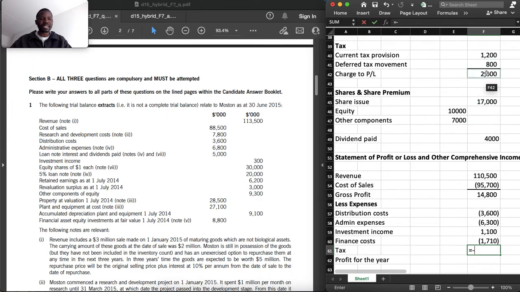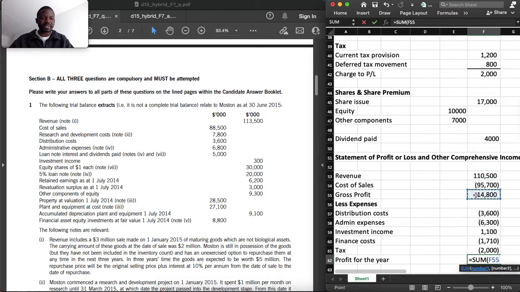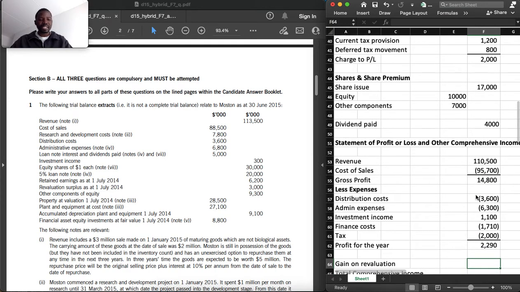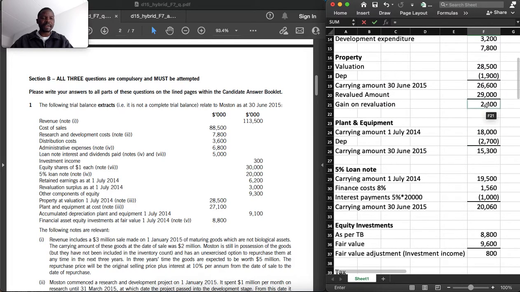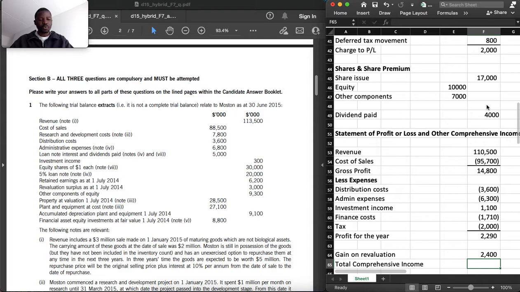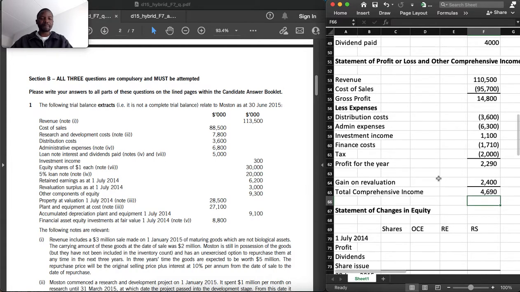We need to subtract our tax here. We have calculated it as 2,000. Then when we sum up everything, we should get our profit for the year. Then gain on revaluation, we have already calculated our gain on revaluation here. When we sum up everything, we should get total comprehensive income. This is what was expected from us for 11 marks.